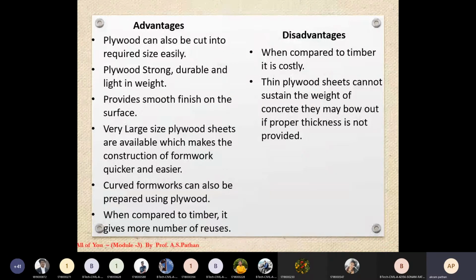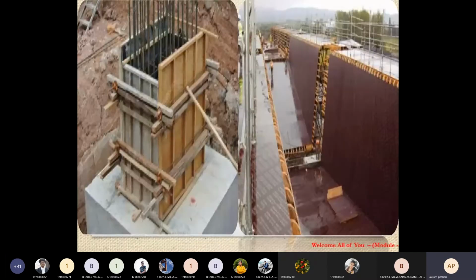Thin plywood sheets cannot sustain the weight of the concrete, and if proper thickness is not provided, they may give way. This is a particular disadvantage, but the advantages outweigh the disadvantages. Now you can see in these pictures, this is a particular column.